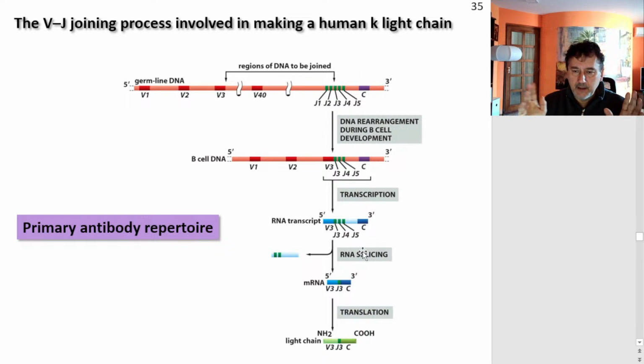So the combination of the V and J regions occurs through genetic recombination at the DNA level, while the removal of the unneeded J regions occurs at the RNA level through splicing. Okay, and as you can see, here is one variant: V3, J3 and the C region. So you can say that this is not a large variance, right?